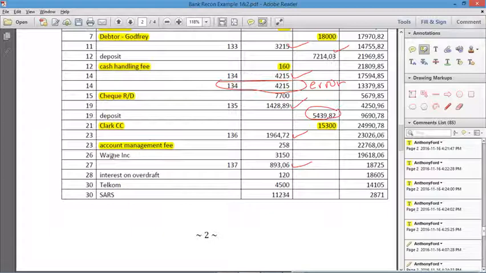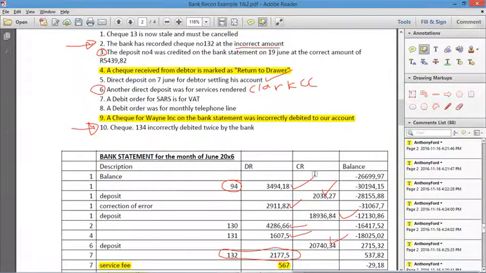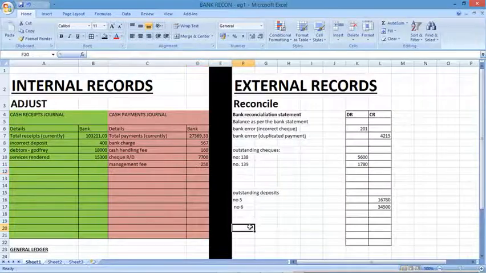Right, what else? Wayne Inc. Okay, Wayne Inc. What is that? A check for Wayne Inc. So it was incorrectly debited to our account. So does that mean that somebody wrote a check to that person and it came to our account instead of the other person's? Yes, so need to credit it, right? Or debit it? Yes, bank error. Good. Okay, so another bank error.